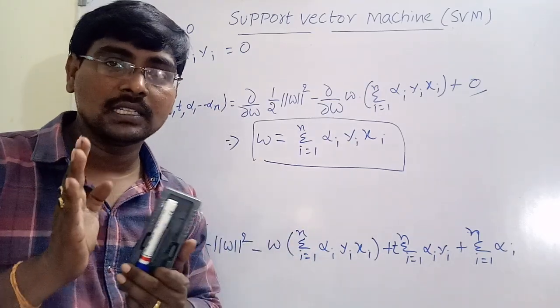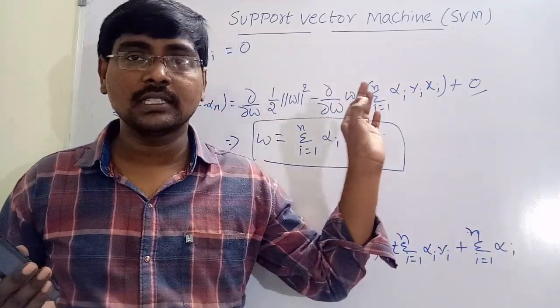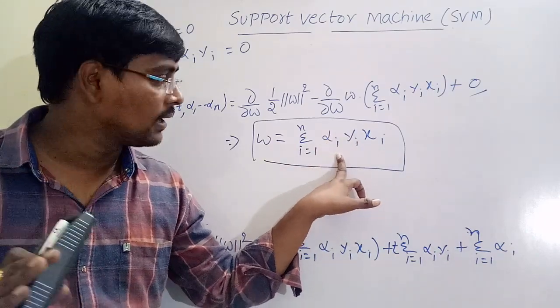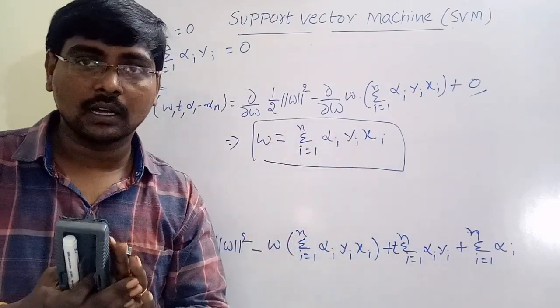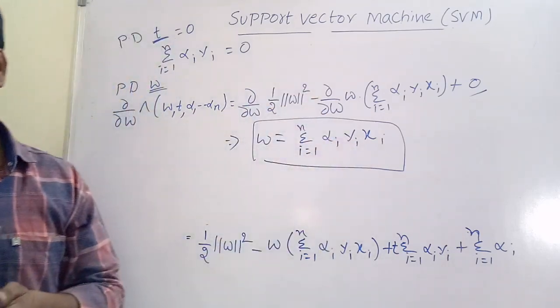If alpha i is greater than 0, that is for support vectors. Remember, the alpha i value is compulsorily greater than 0 for support vectors, that is, the training examples nearest to the decision boundary.